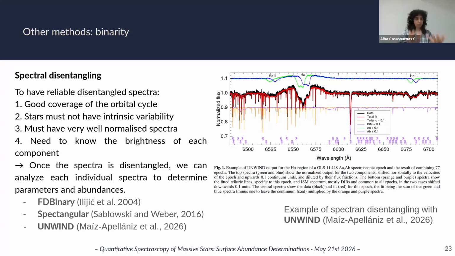The first one is to do spectral disentangling. When we have the binary spectra, we remove the telluric lines, we have a good coverage of the orbital cycle, and we have the photometric information of the stars, we can separate our binary spectra into two individual spectra that we can then determine the parameters and abundances individually with the methodologies that we've used before.